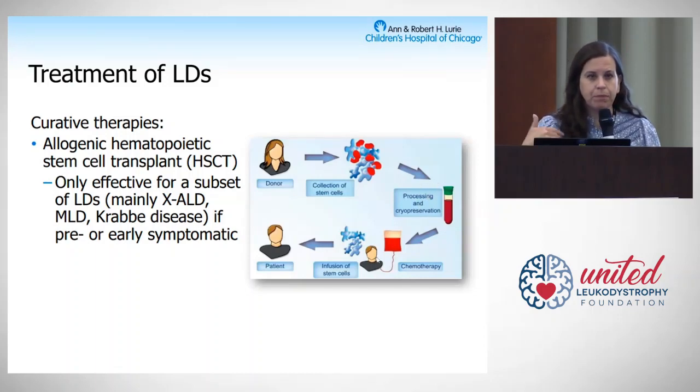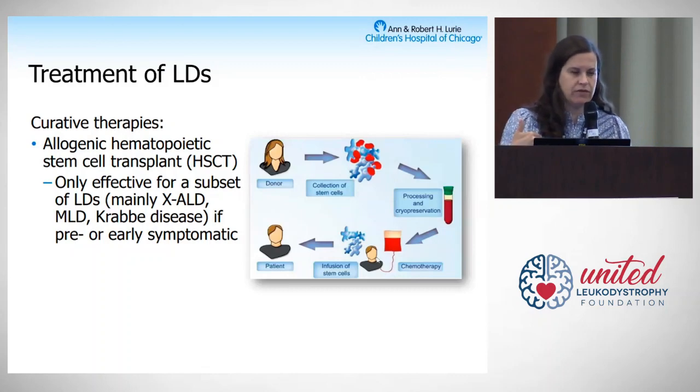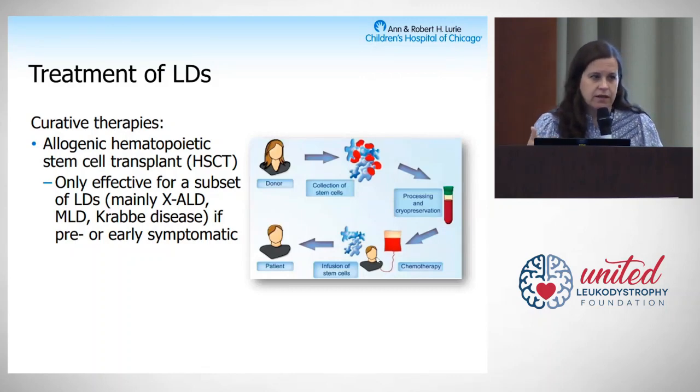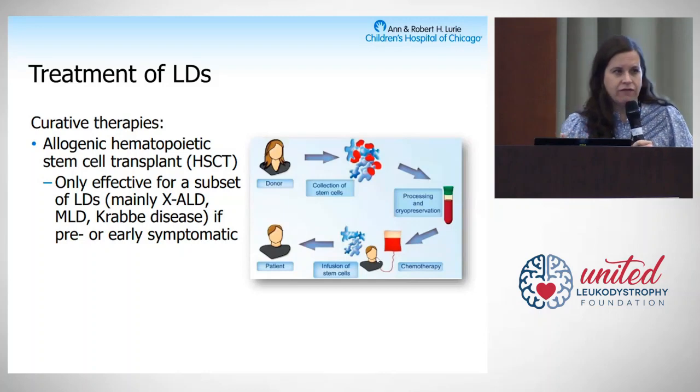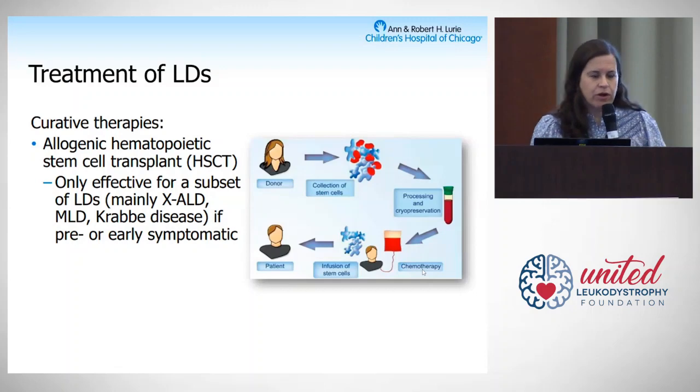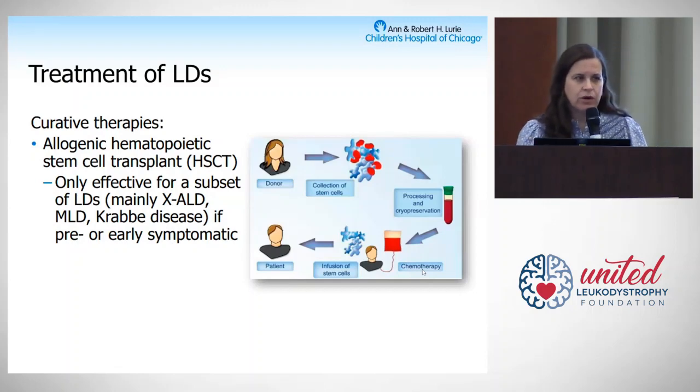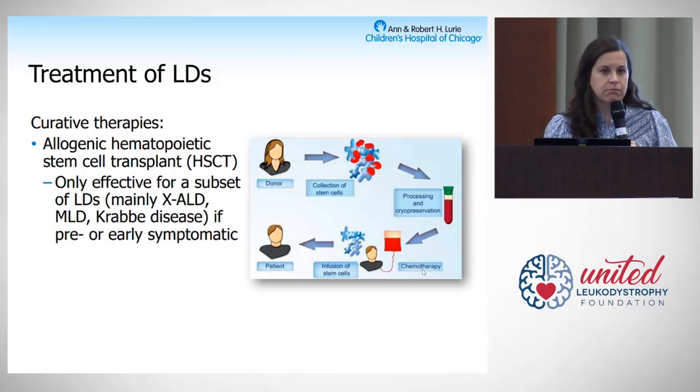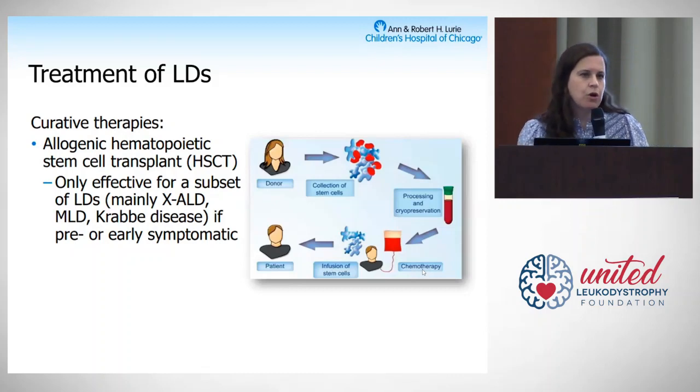Then the patient, who is the recipient of the stem cells, in order for the stem cells to be accepted and engrafted, you have to wipe out the bone marrow of the recipient so that they don't attack the stem cells. So these patients get high-dose chemotherapy. Sometimes there are modified protocols where it's not as myeloablative. It doesn't knock out the bone marrow as much as if you have something like cancer, but it's still a big process.